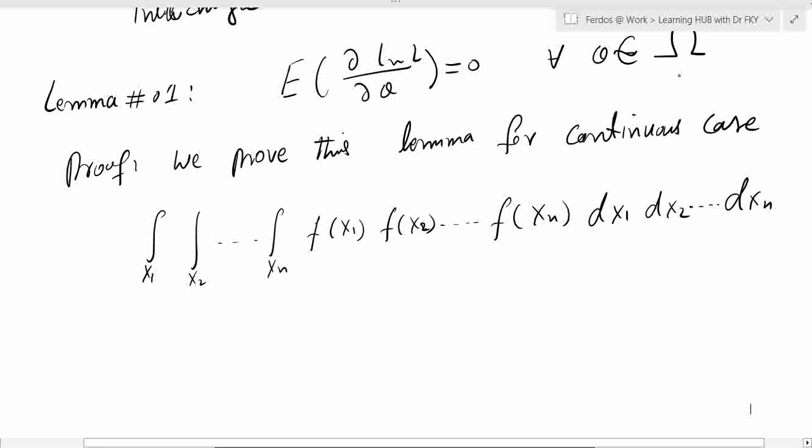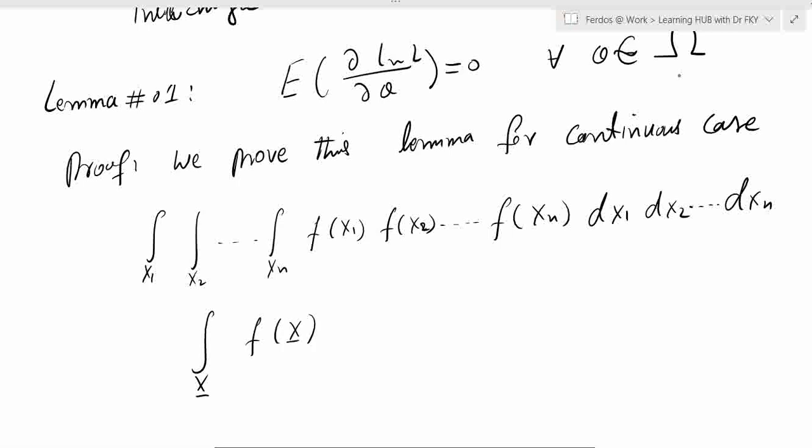In short, we can write this with x representing all those x's, and dx.